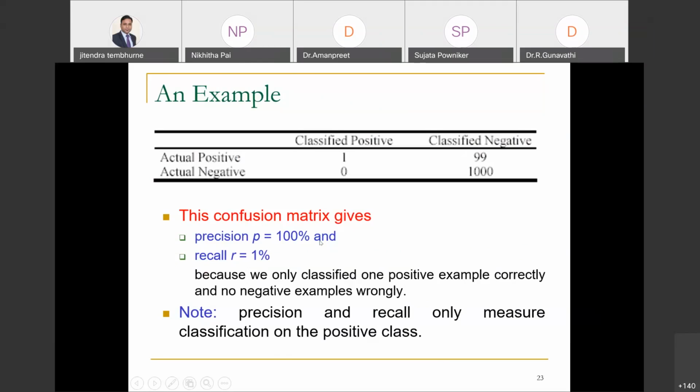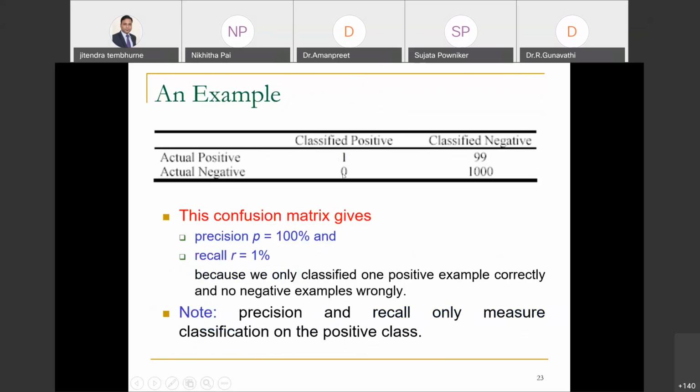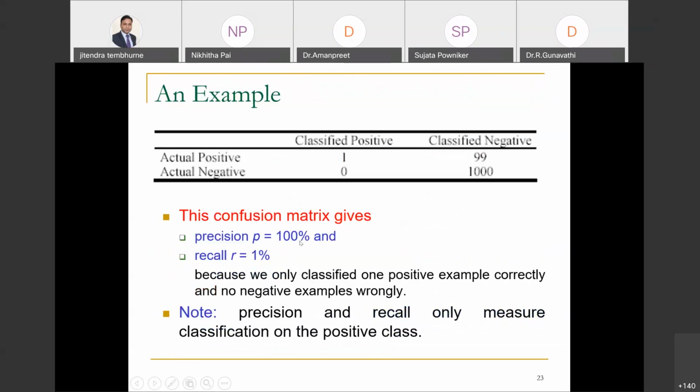You just see the formula of precision. The false positive in this case is 0, so your precision comes out to be 100% and recall is only 1%, because we only classified one example positively and no negative example wrongly.